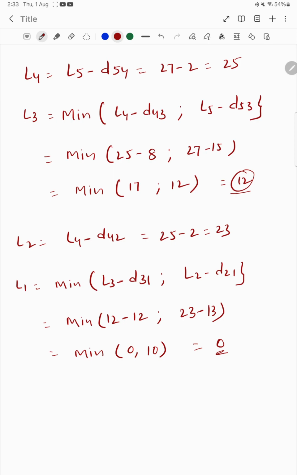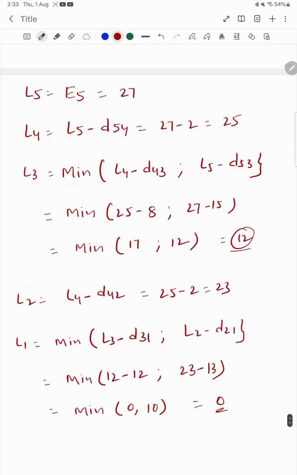Now let's substitute L1, L2, L3, L4, L5 in the diagram.